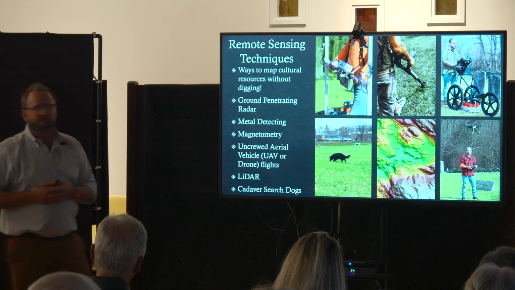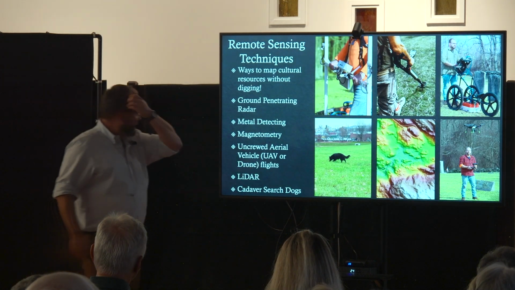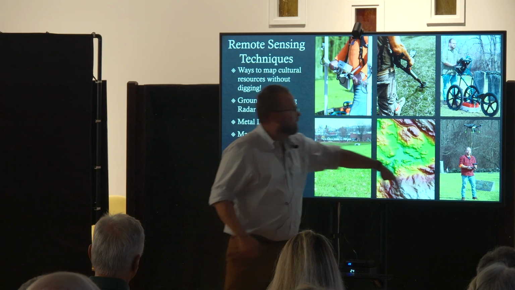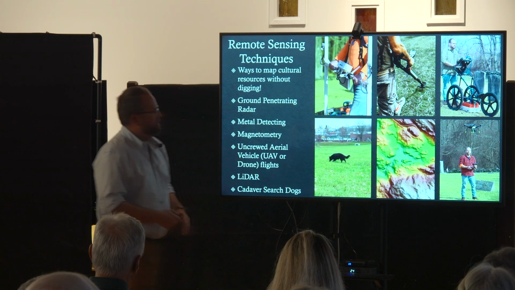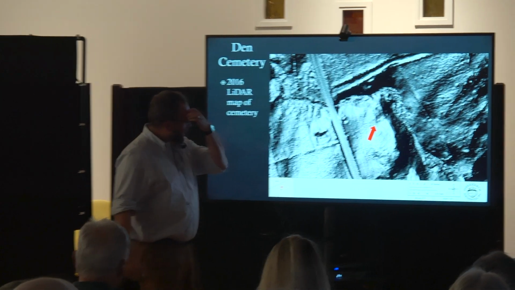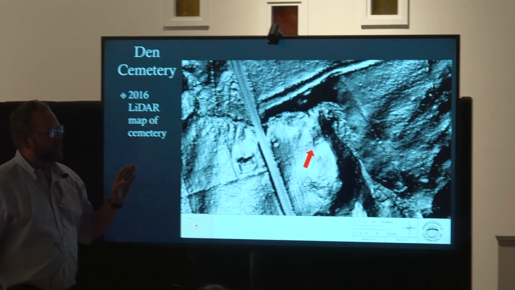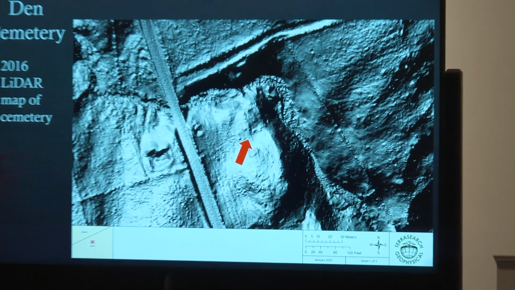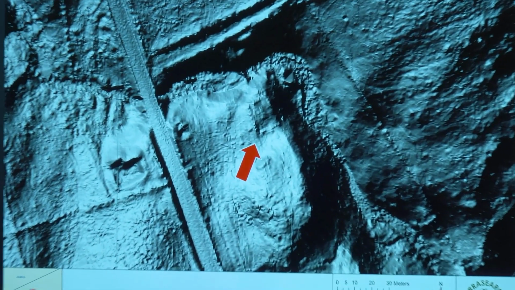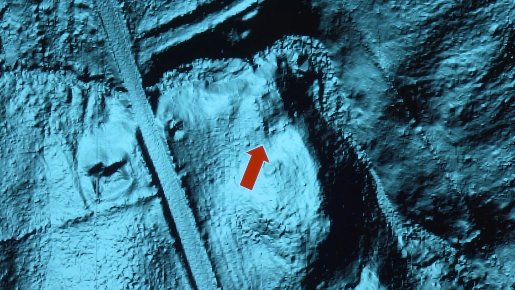So, yeah. Interesting. If we start looking at some of these techniques, we didn't employ them all, but we employed 3 of them in this survey. We look at the cemetery using LiDAR. This is a statewide survey that anybody can look at. If you just Google LiDAR Connecticut, there's a viewer from CT Echo where you can go around and look at the bare earth hillshade that has been created.